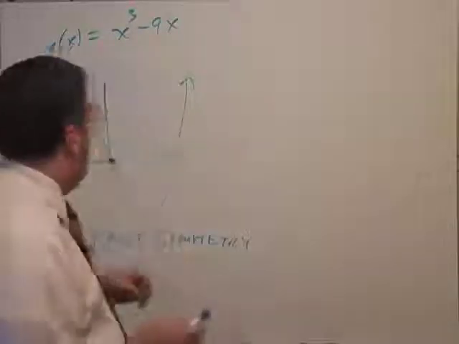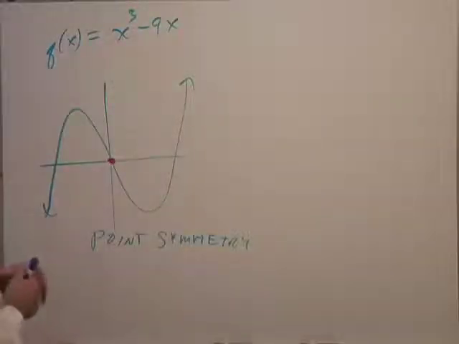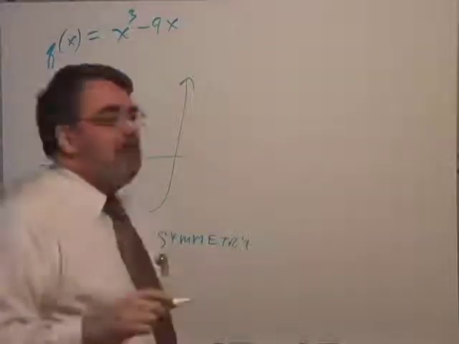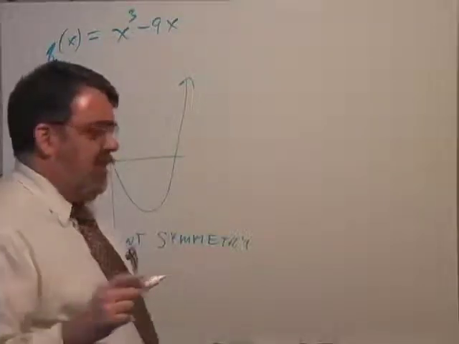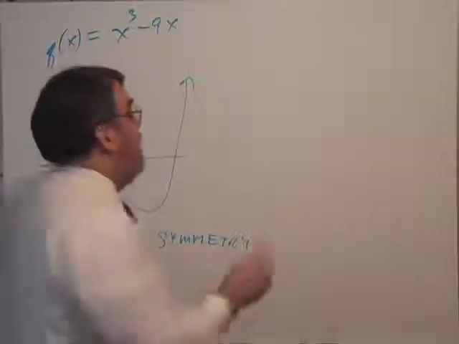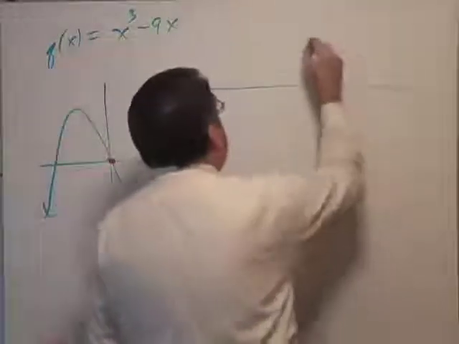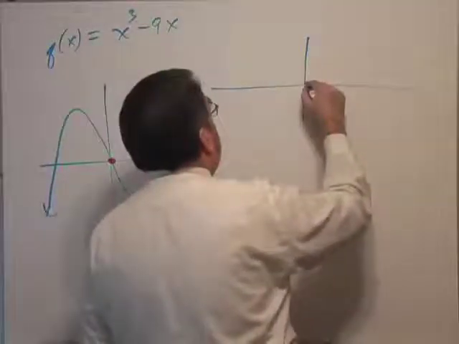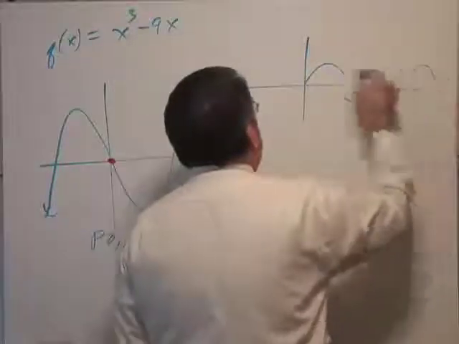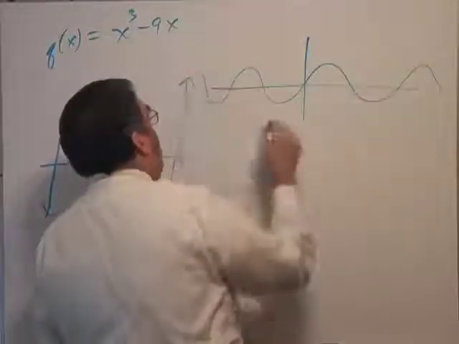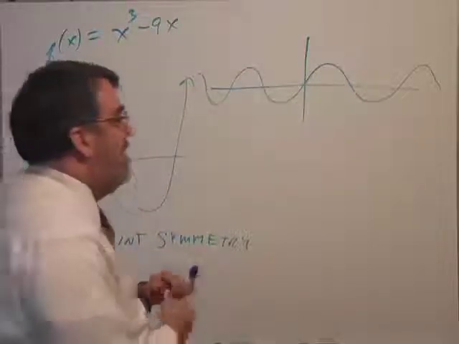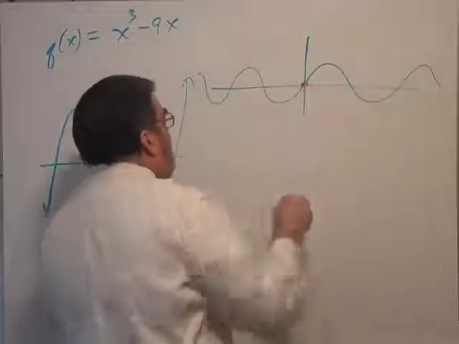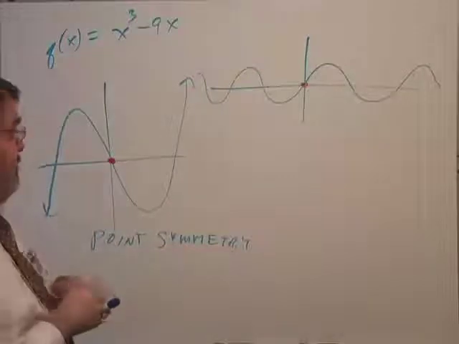Let me give you another example of point symmetry. Earlier I gave you the cosine wave. The sine wave also has point symmetry. The sine wave oscillates this way, and the only difference between it and the cosine function I drew earlier is that a sine function crosses through the origin.